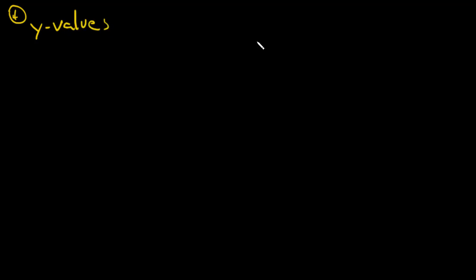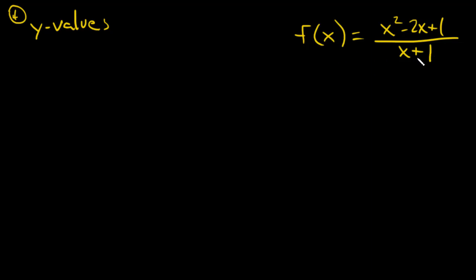I get that with the original function, plugging into that. So my original function was f of x equals x squared minus 2x plus 1 over x plus 1. I now need to see what I get when I plug in my two critical numbers.